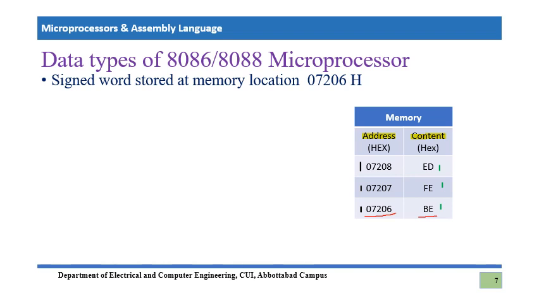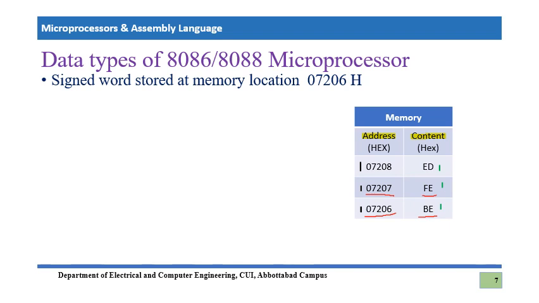Well, this is not a complete word, it is just 1 byte and it needs 1 more byte, and that 1 more byte will be stored in the next consecutive location, which is 0707 hex, and the content is FE.